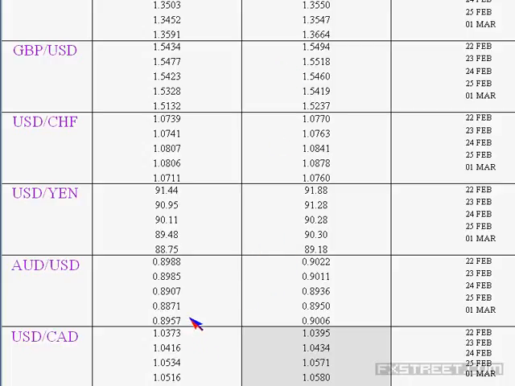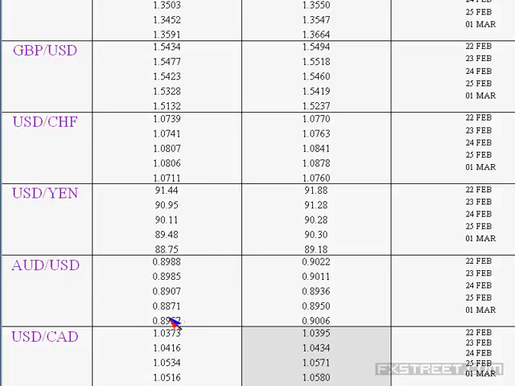And in the case of Australian dollar, you find that it is the only country where people are expecting the interest rate could go up. The rest of the countries, if you see in the report pages of many of the websites, you find that ECB is not expected to raise the rate, BOE is not expected to raise the rate, and even the Fed is not expected to raise the rate.